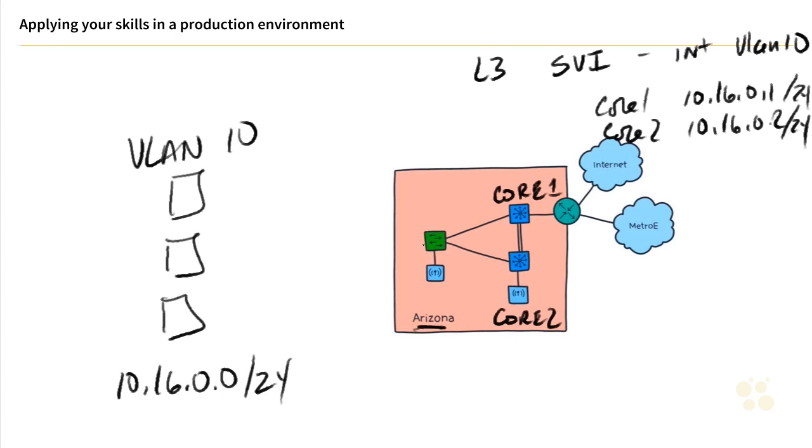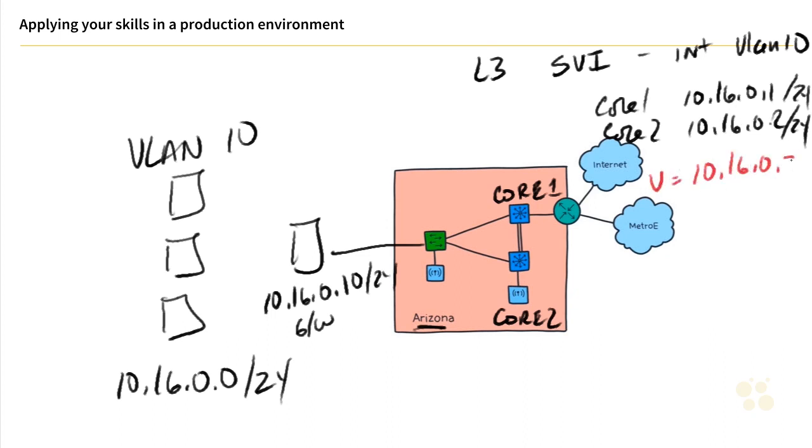So we can just imagine one of those computers off of this access layer switch. Maybe this PC is 10.16.0. And we'll give it the last octet of 10. Great, slash 24. And for the default gateway, instead of pointing to .1 or .2, we can set up a third IP address to be used for fault tolerance purposes to be supported by hot standby router protocol. So the virtual address that we're going to add is 10.16.0.3.